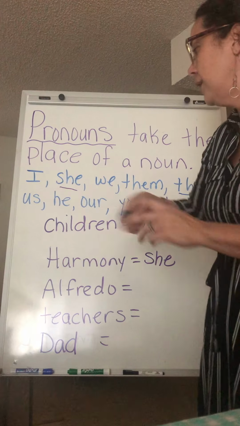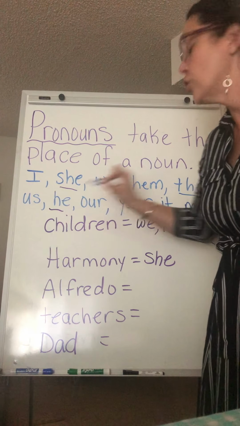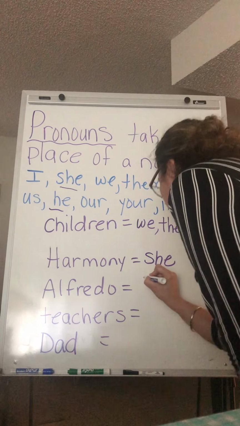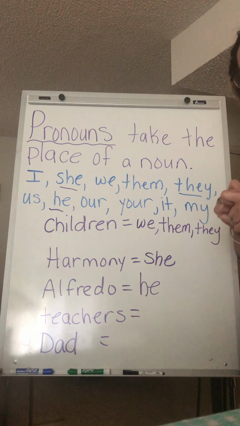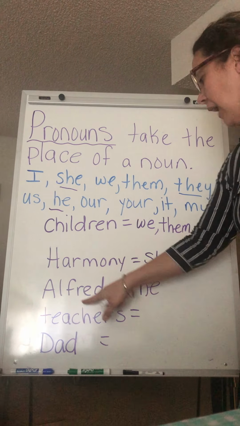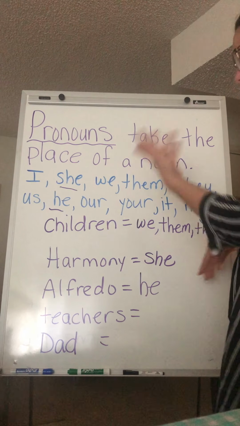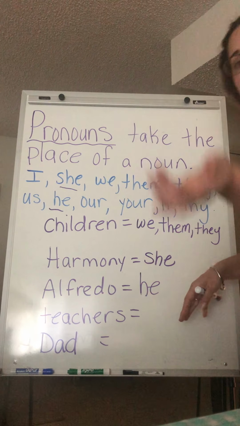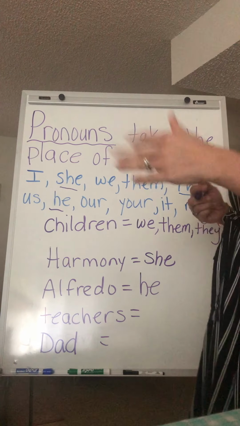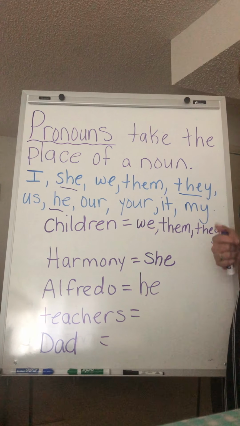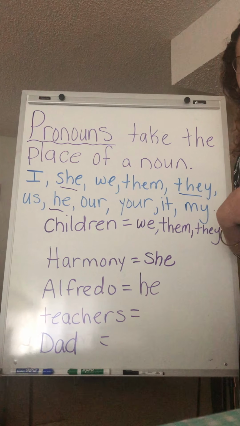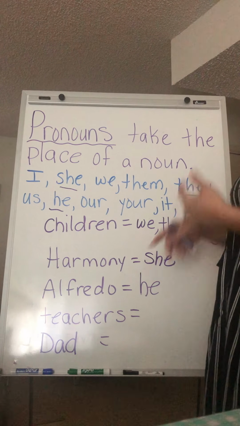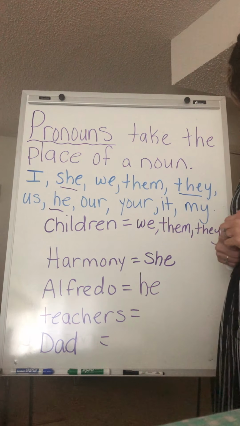I would use the word he because he is just one boy and I was talking about him. He is an awesome kid. So instead of saying Alfredo is an awesome kid, I could have used the word he is an awesome kid. Now, if Alfredo was talking about himself, he would say, I am awesome. He wouldn't say Alfredo is awesome because he's talking about himself. So he would use the pronoun I.